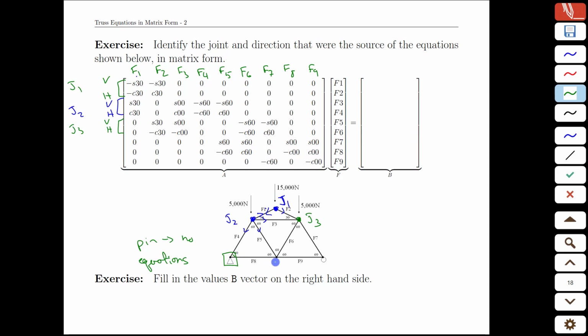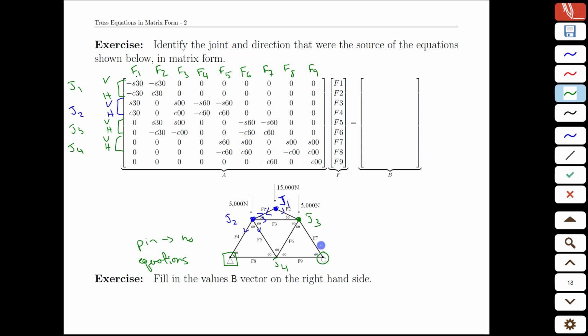So in fact, we skip over that and label, say, this joint here, joint 4. That would be the next joint represented in our equations. We can do a quick confirmation of that looking at F5, F6, F8, and F9. Scan across. F5, F6, F8, and F9 are represented in the matrix here.